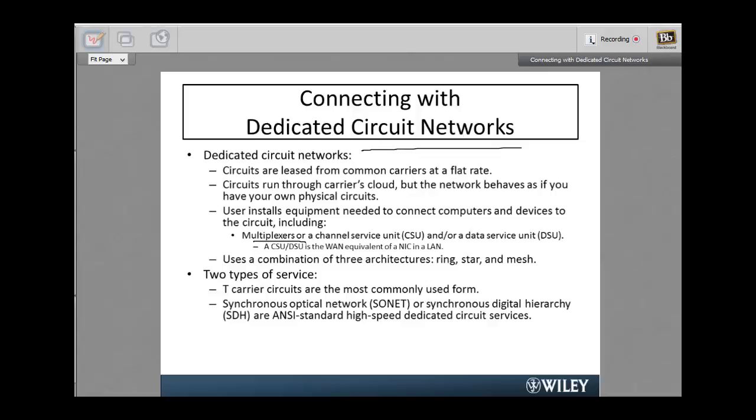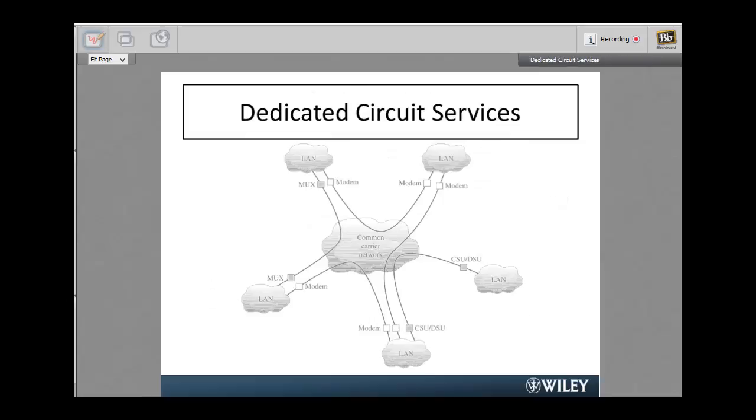They use a combination of three architectures: ring, star, and mesh, and provide two types of services. The T carrier circuits are the most commonly used form, and also the synchronous optical network, or SONET, which are the ANSI standard high-speed dedicated circuit services. You see, this is how it looks with the dedicated circuit services.